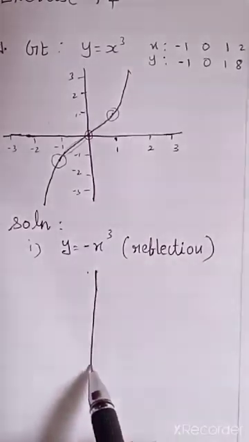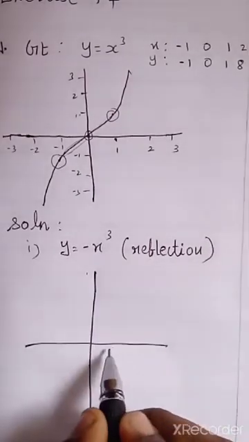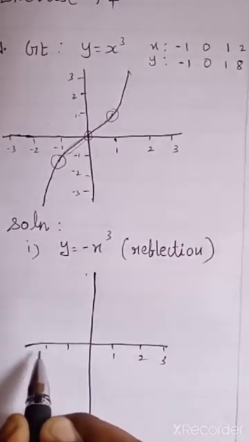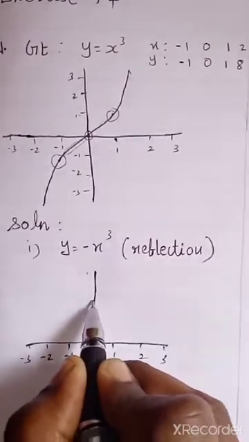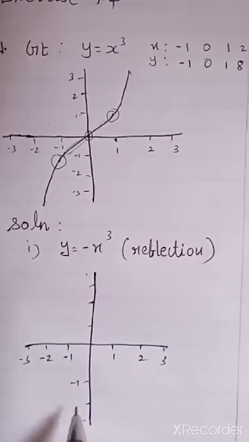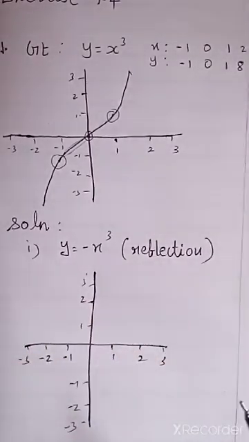So look here, I'm going to draw. This is your x-axis, y-axis: 1, 2, 3, and minus 1, minus 2, minus 3 on both axes.